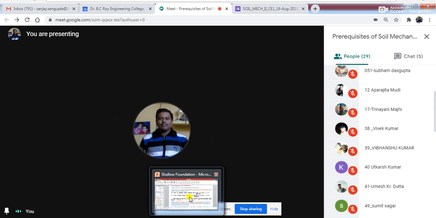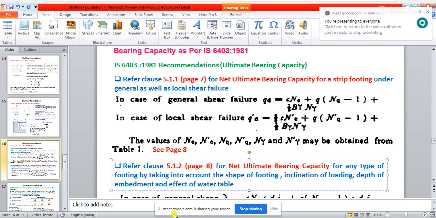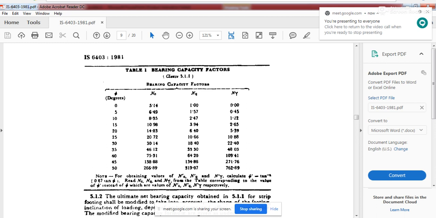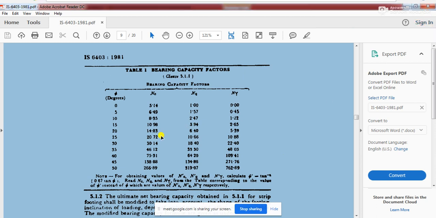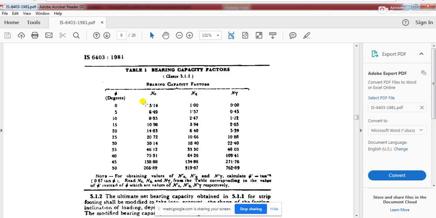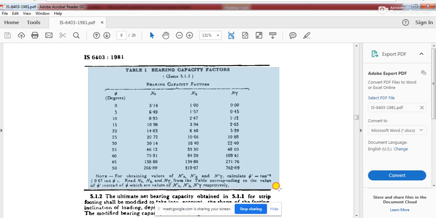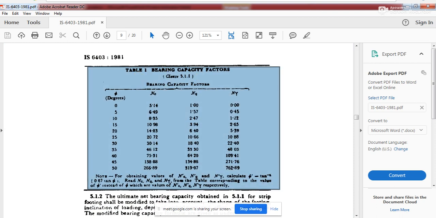Okay. So see, where was I? Yes, so you see the bearing capacity factor values. See the Terzaghi's bearing capacity factors and these bearing capacity factors may differ a little bit. So whenever you are asked to find out the values using the Indian Standard Code, then you should use these bearing capacity factors from table 1 in the PPT.